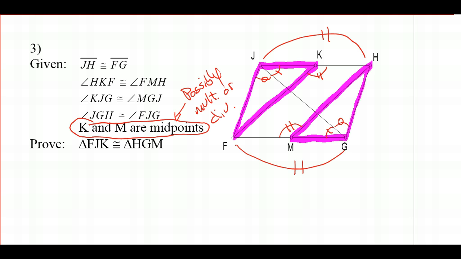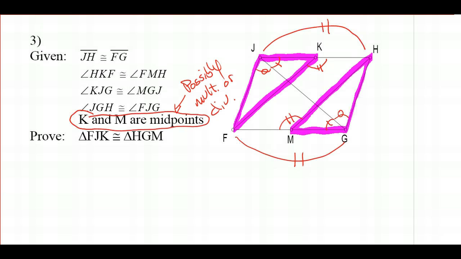Okay, so let's kind of talk through this proof here. Since I know that these two larger segments are congruent, and I know that K and M are midpoints, I know that JK and GM are going to be congruent by division, so that gives me a pair of sides.